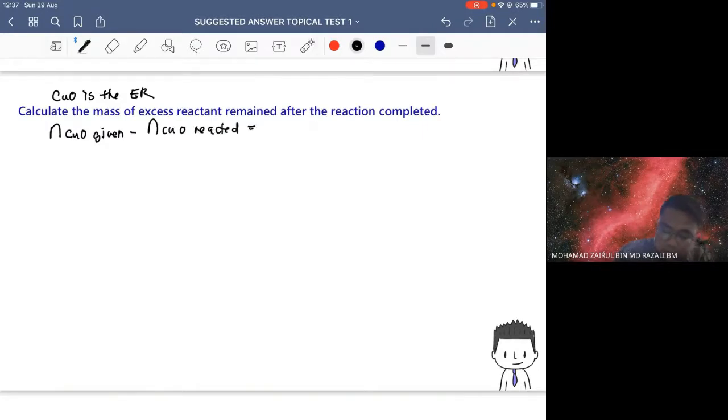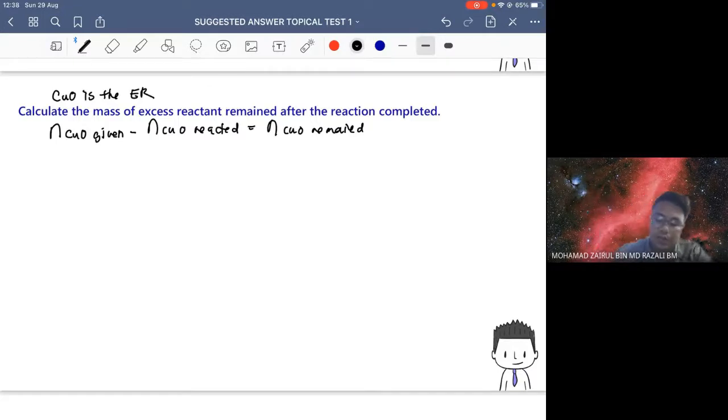So, kita akan dapat mole CuO remain. Sebab kita tahu excess reactant ni akan ada lebihan, kita kena cari dulu berapa dia yang bertindak balas. So, awak tolakkan dengan yang given, yang asal. Tolak yang bertindak balas, awak akan dapat mole yang baki.